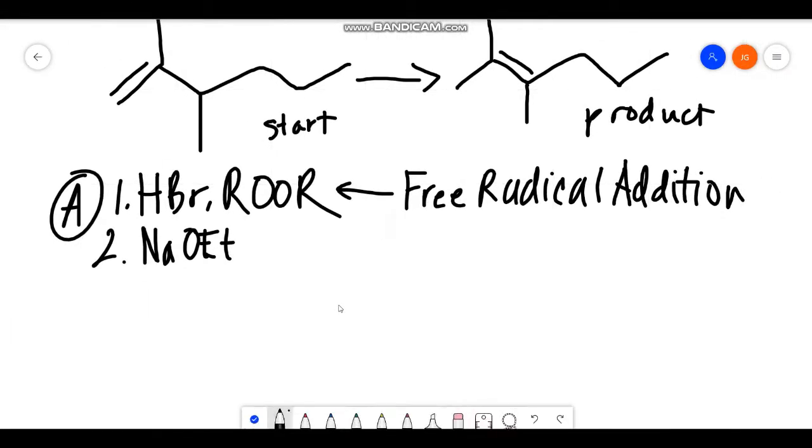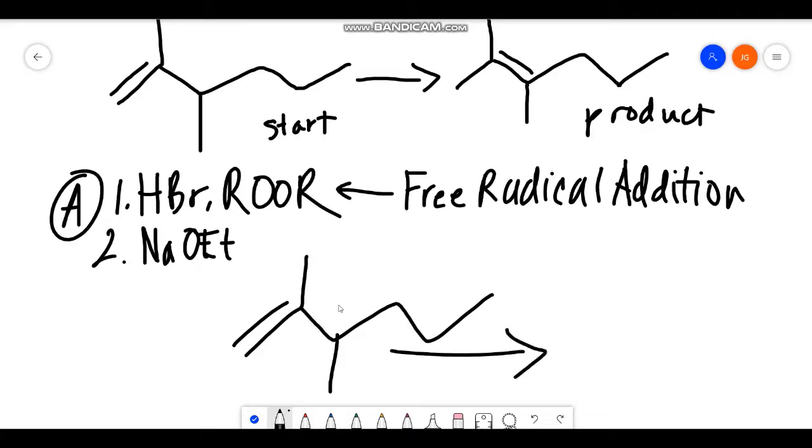I'm going to redraw the starting molecule here. And we know that HBr with ROOR is the anti-Markovnikov addition of bromine. I just drew that out. So we're going to add the bromine to the less substituted side of this alkene. Where is that? Well, this carbon over here has 1, 2, 3 different carbons bound to it.